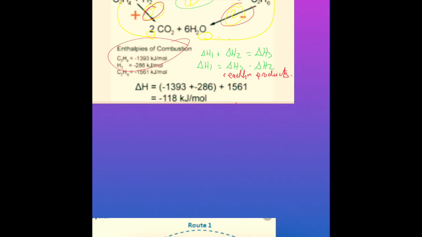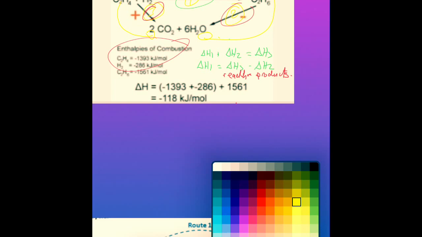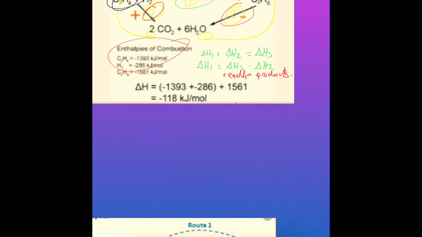The other way of looking at it is if we take this route from the reactants from here and we go around here, we are with the flow of this arrow, going in the same direction. When we hit here, we're going in the opposite direction. So while ethane has an enthalpy of combustion of minus 1561, we'd have to change the sign because we're going against it.